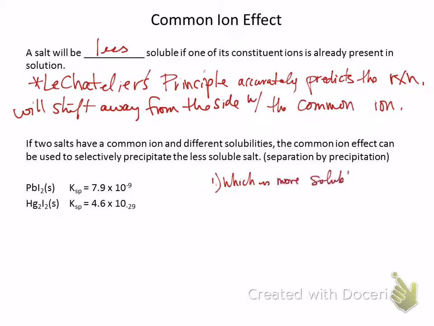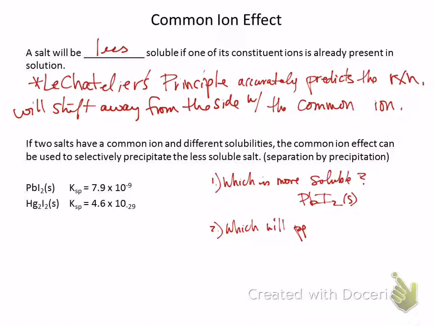And so it does accurately predict this, because when we have common ions, we might be adding an ion from a different source, and that different source is then going to affect the solubility of the ion in question. And so we're going to see that the chemical equilibrium might shift away from that.